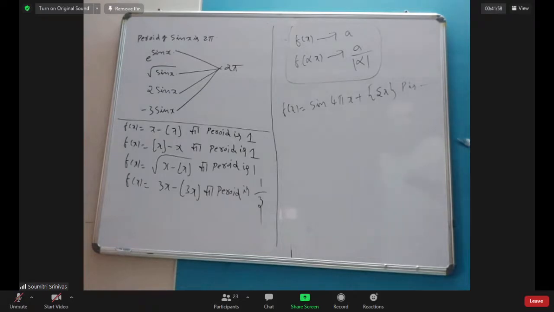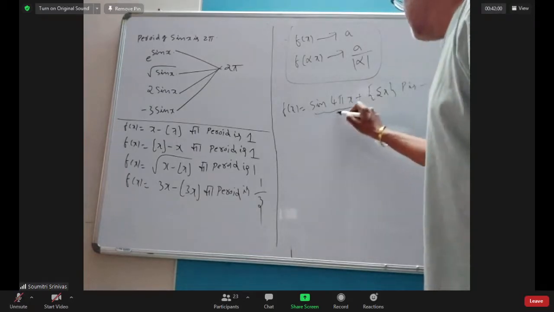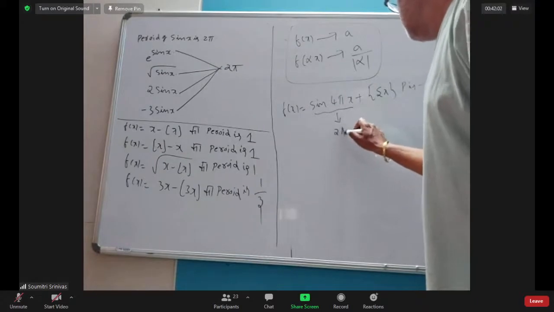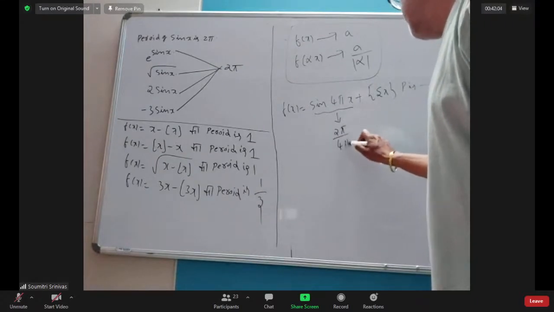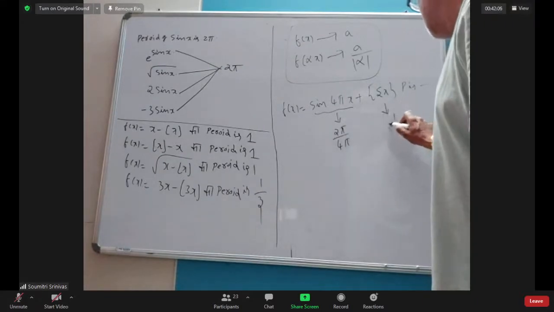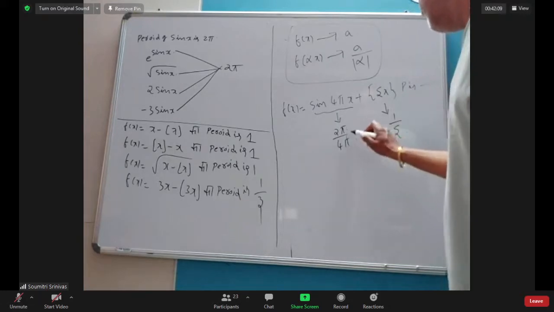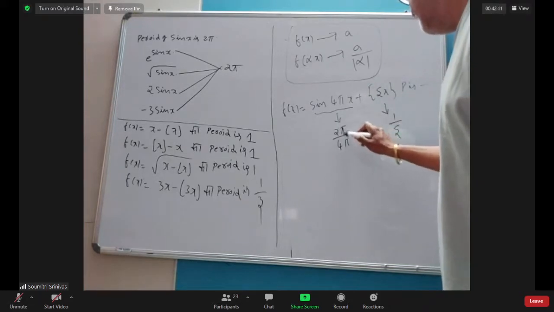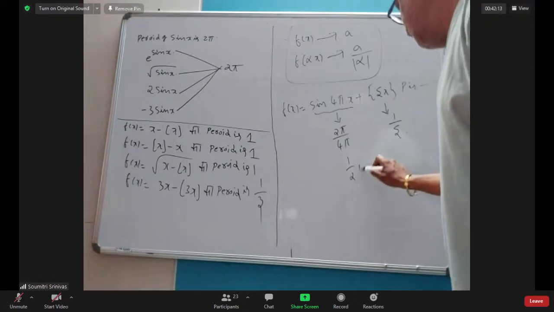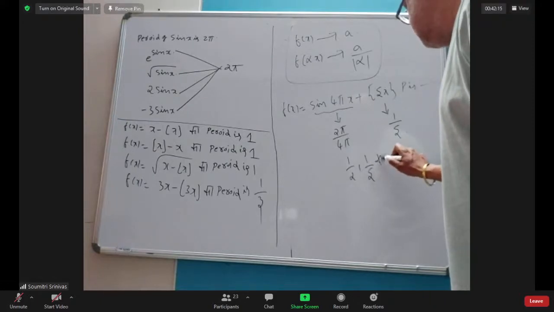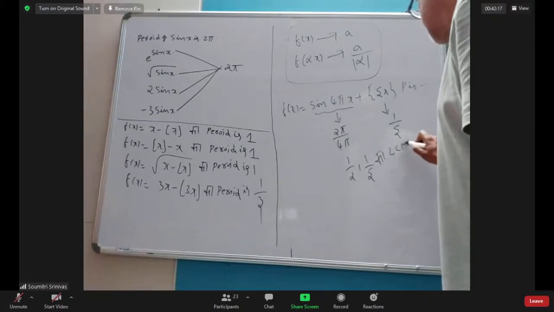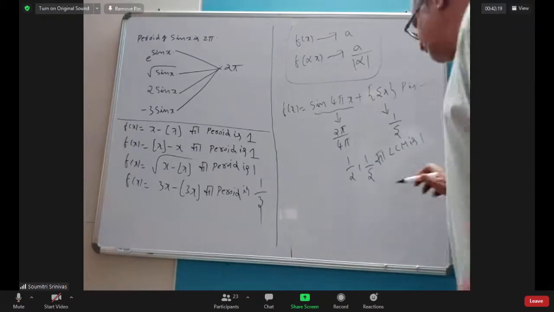One. What is the period of this? 2 pi by 4 pi, that is 1/2. The period of this is 1/5. So the LCM of 1/2 and 1/5. What's the LCM, man? 1.